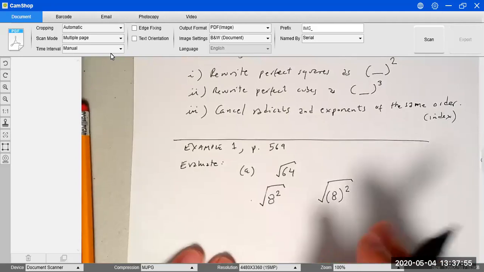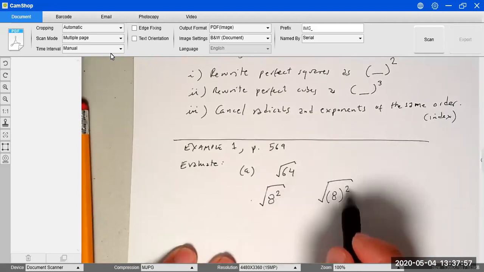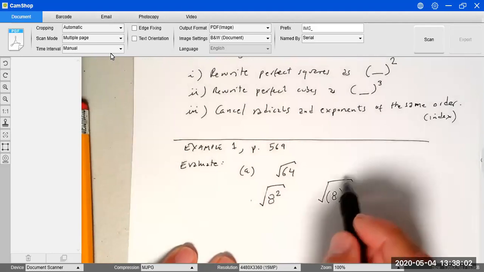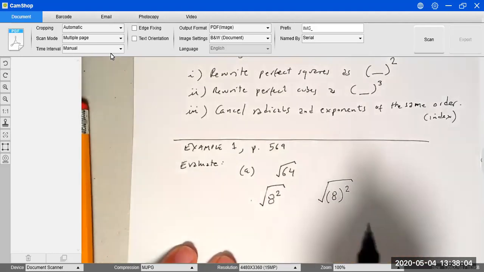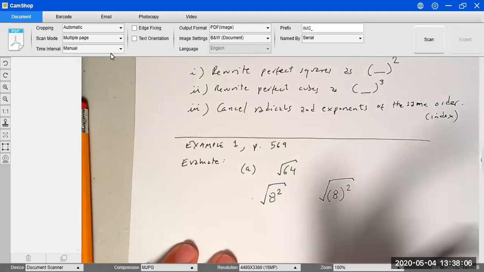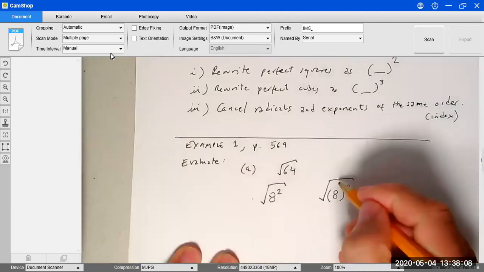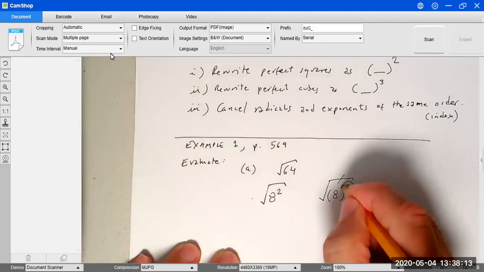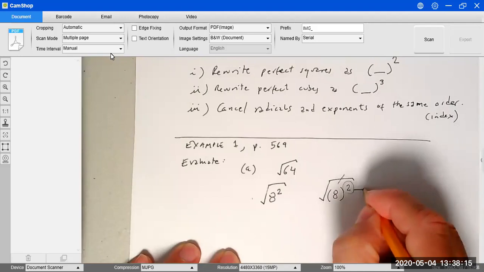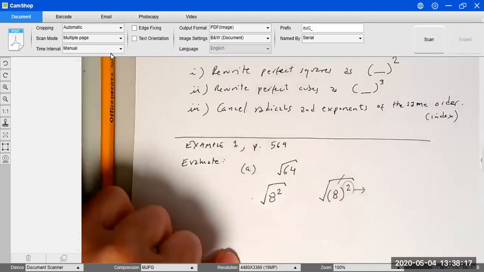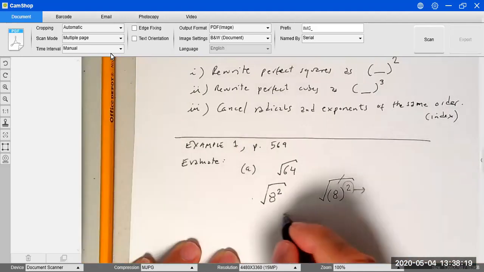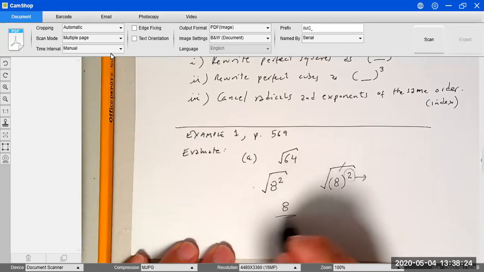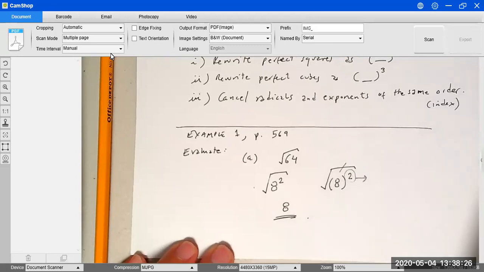Once you have a perfect square in the radicand, you can cancel the radical and the exponent at the same time. I'm going to cross out this radical, indicating I'm going to remove it, and circle this exponent to indicate that I'm going to remove it too. So at the end, you end up only with 8. That's the answer for this first example.